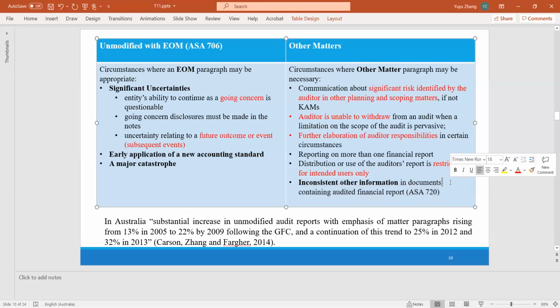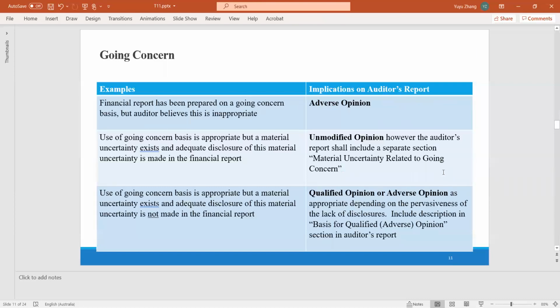Okay, still following or not, please? Okay, so the other page I want to attract your attention to is the going concern opinions. So in audit opinions, there will be three different situations in relation to going concern.